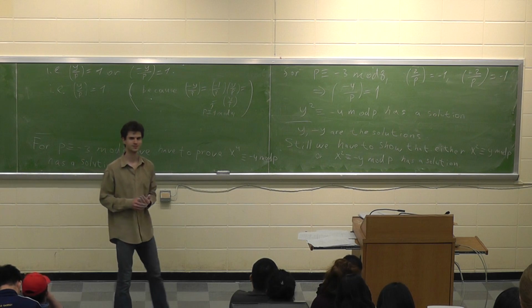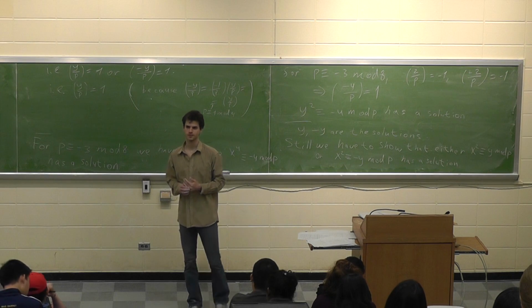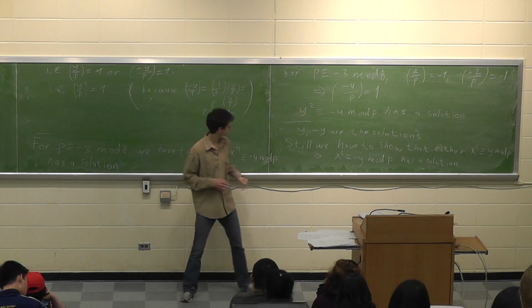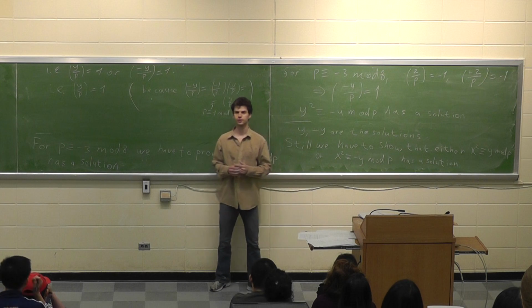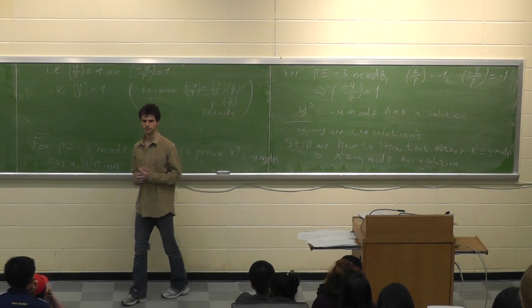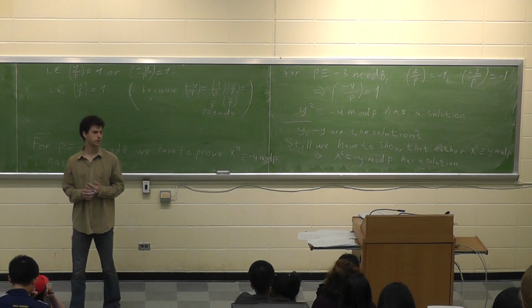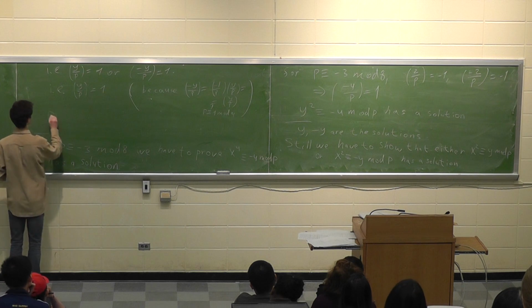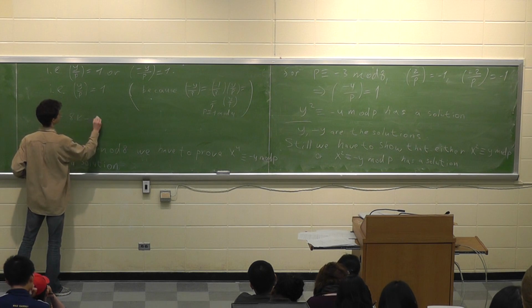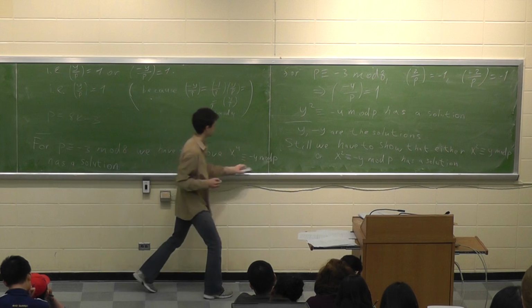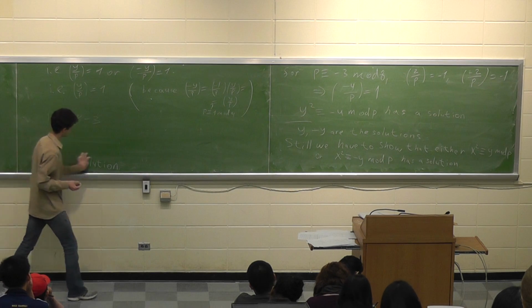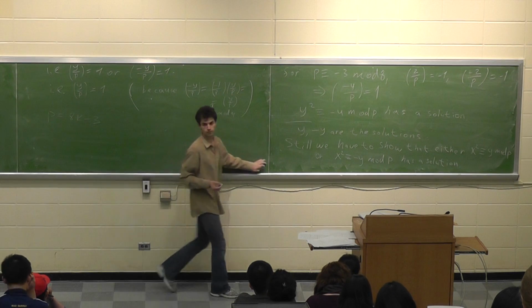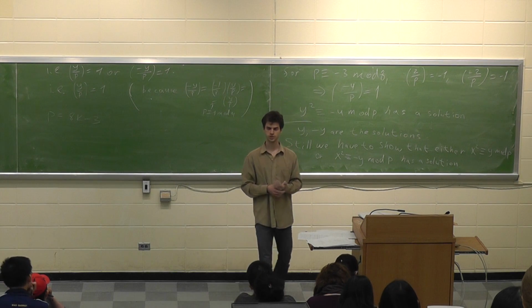How can we show this? Well, we know that y squared is congruent to negative 4, and we know that p is 8k minus 3. Any ideas?